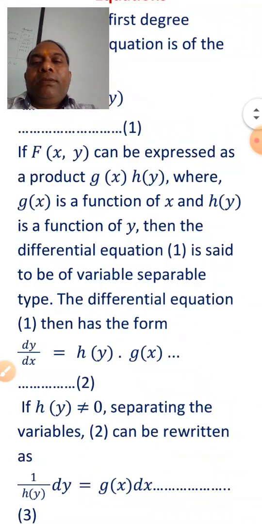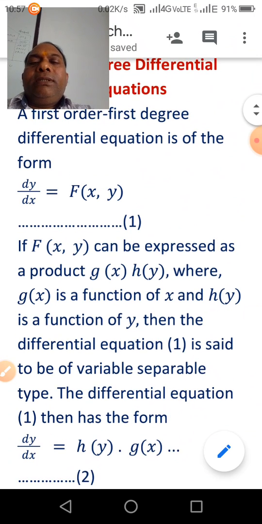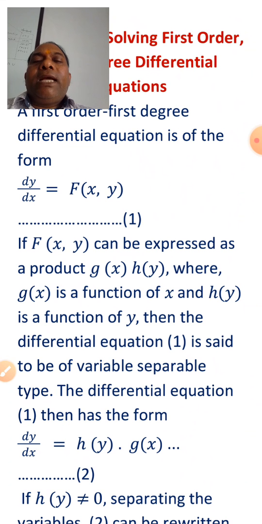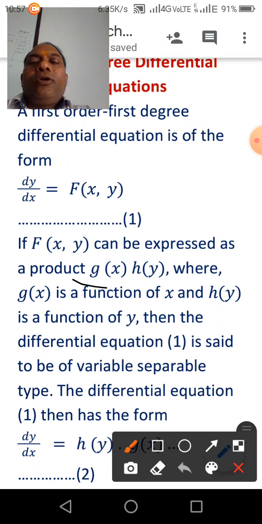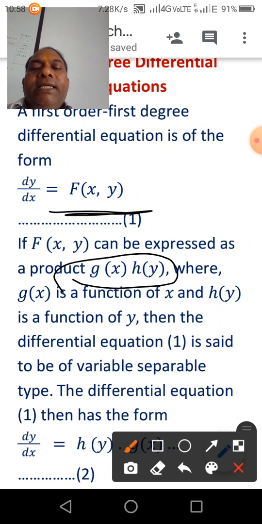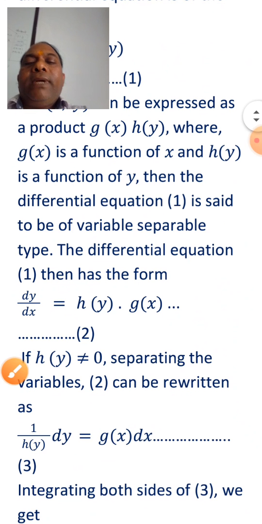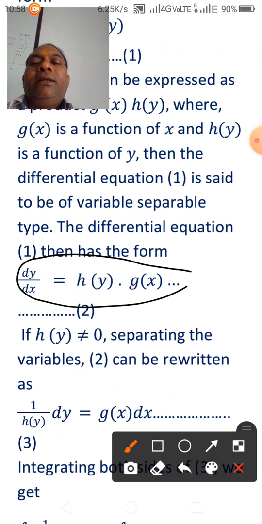Firstly, because f(x,y) can be expressed as the product of g(x) and h(y), f(x,y) can be written as g(x) into h(y). So dy by dx will be equal to h(y) into g(x).